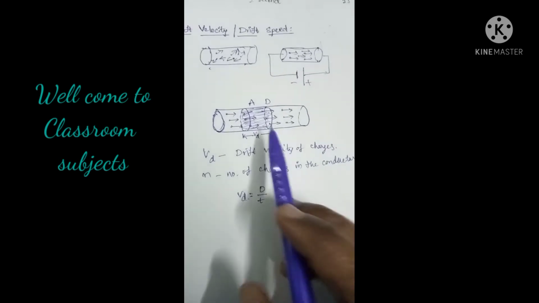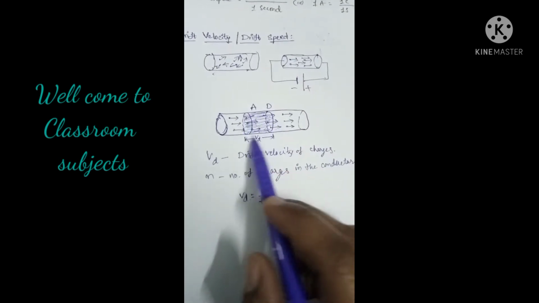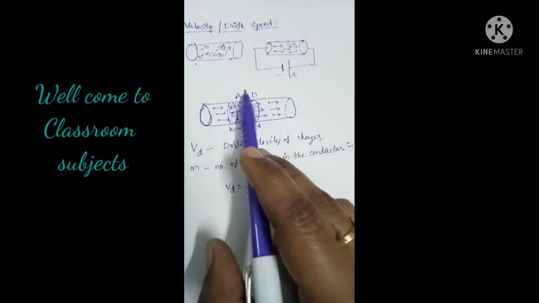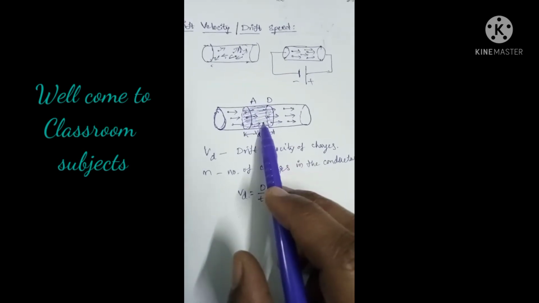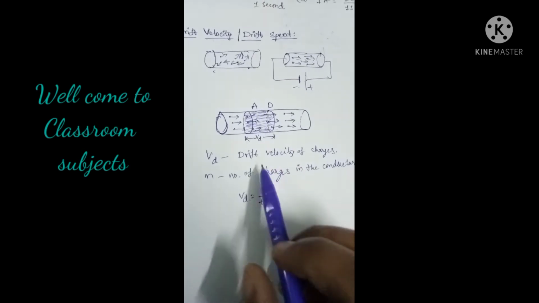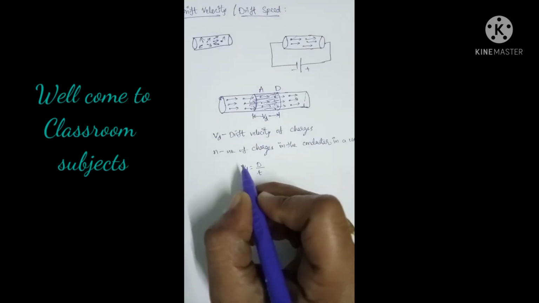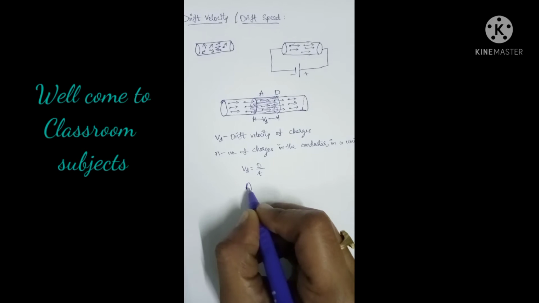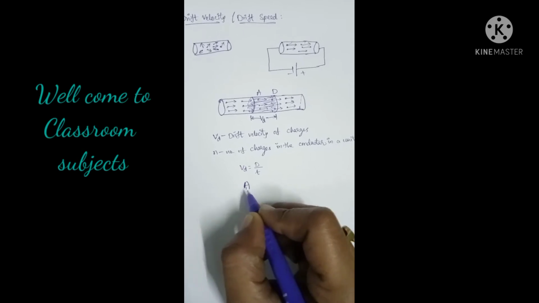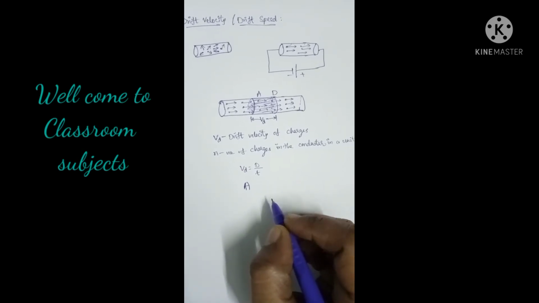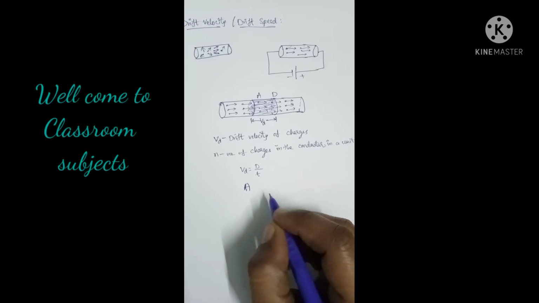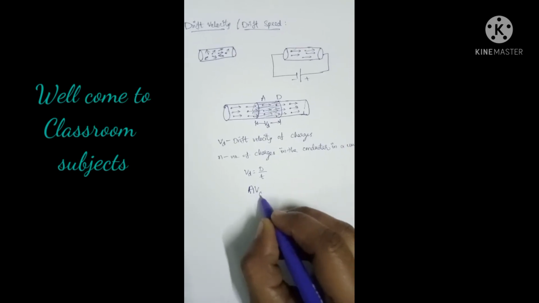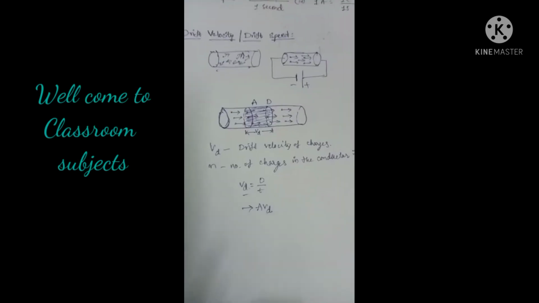We are considering a volume of cross-sectional area A, so the volume of the conductor for this distance is A into Vd.